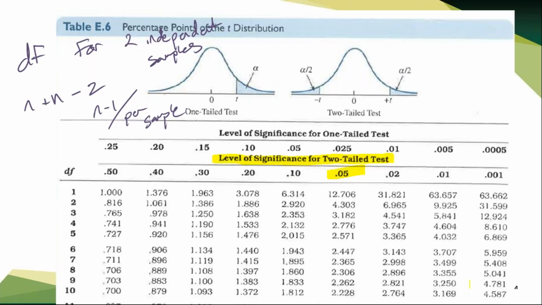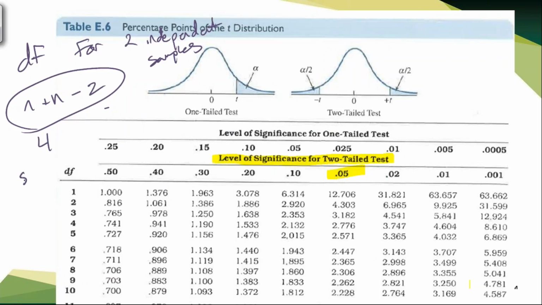So n minus 1 for sample 1, n minus 1 for sample 2. This is the same thing as just saying let's add both sample numbers together and subtract 2. So that's how we get to this. We had 4 in section 1 plus 4 in section 2 minus 2. So we're subtracting 1 from each sample. That'll give us a degrees of freedom of 6.